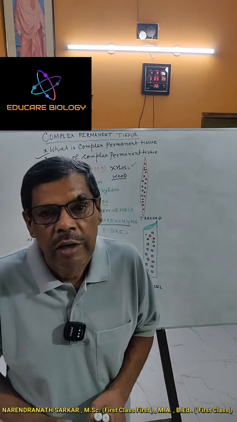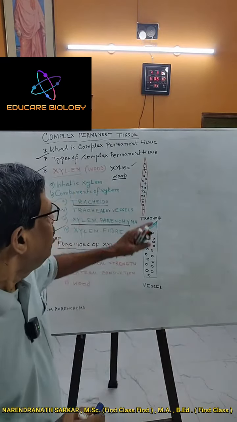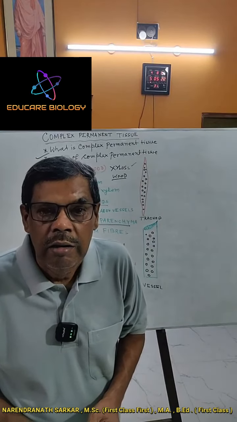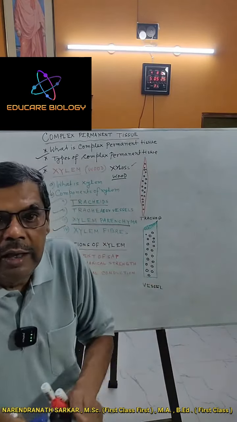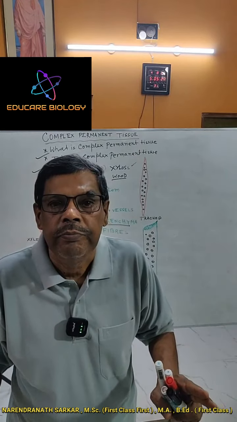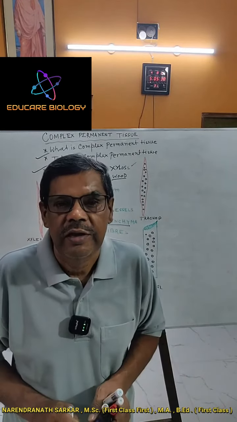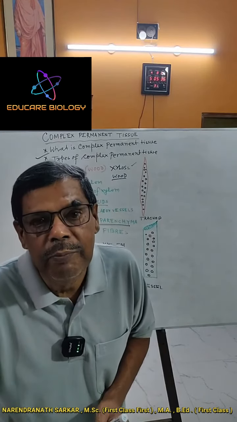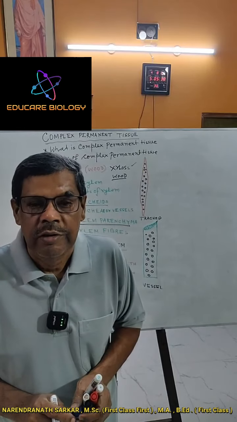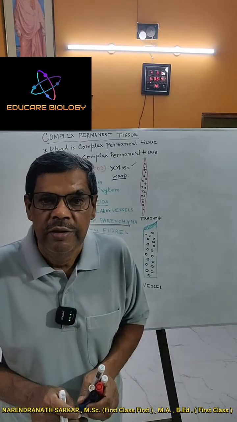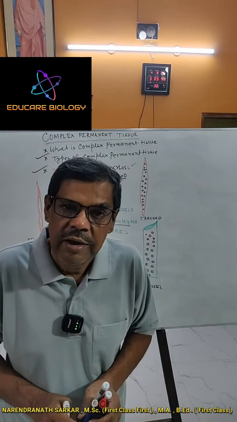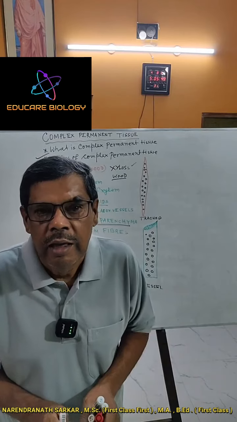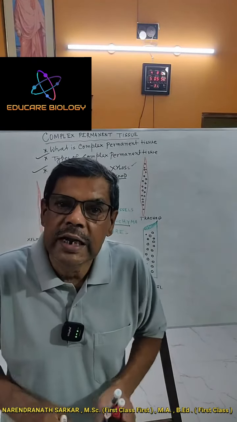Next, its ends are tapering and the middle portion is wide. These tracheids perform the function of conduction mainly in non-flowering plants. Some flowering plants bear tracheids, but mainly in non-flowering plants, tracheids perform the conduction of water.